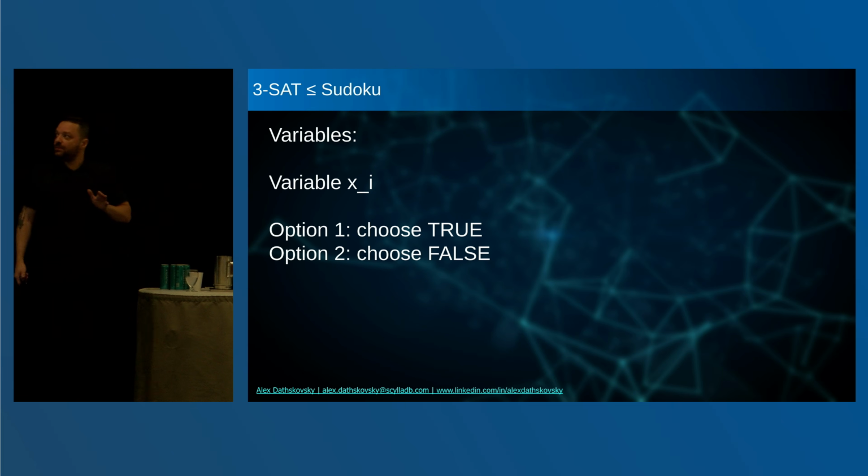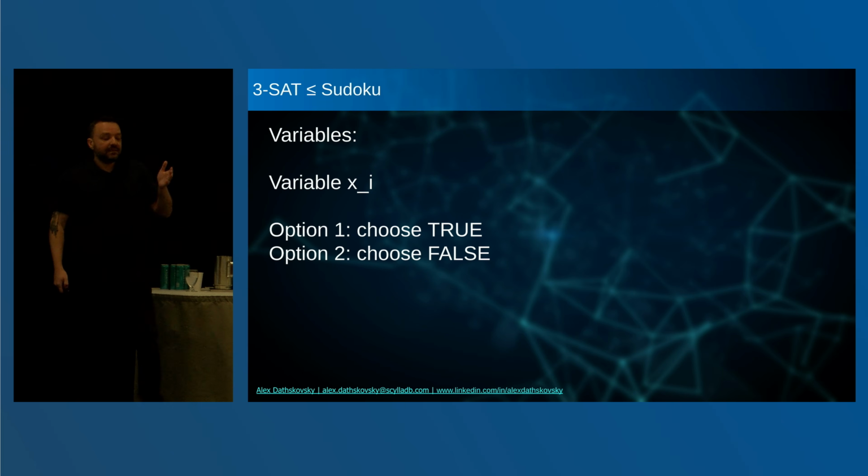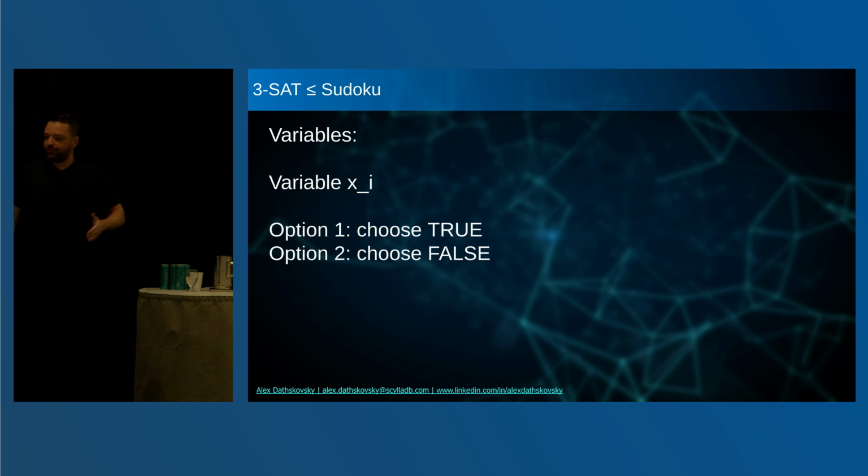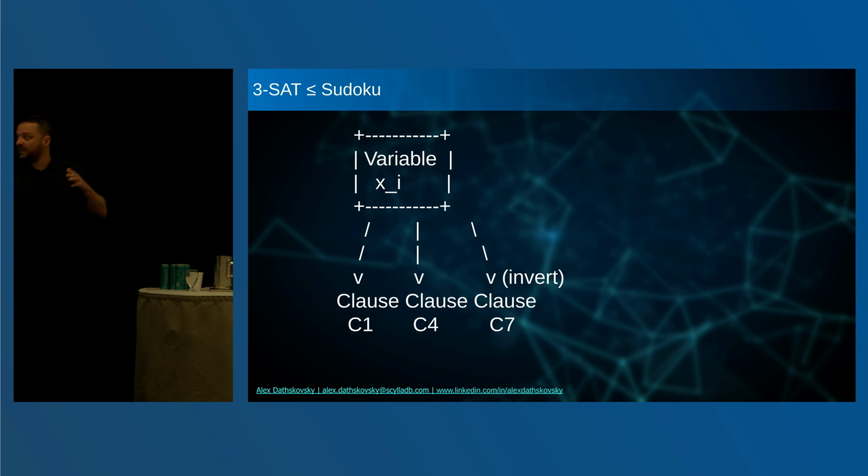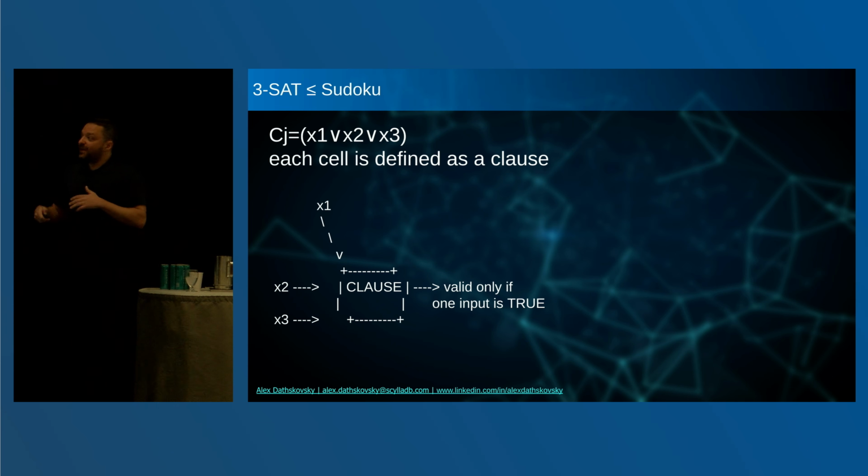So how do we start? We define variables. This is Boolean algebra. That means that all our variables can be true or false. That's it. We have clauses and we have variables. So we send the variable to all clauses that it needs to be sent to, and we can send it as the direct value, or we can send it as an inverted value. That means if something was true, it will be false. Then we define clauses.